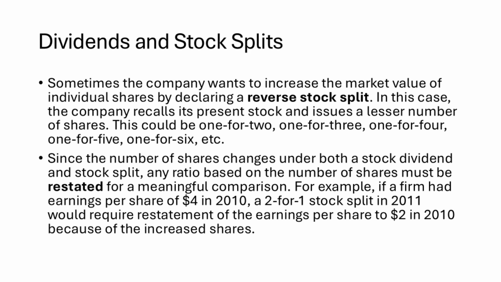For example, if the firm had earnings per share of $4 in 2010, a 2-for-1 stock split in 2011 would require restatement of the earnings per share to $2 in 2010 because of the increased shares. Restatement will be made for all prior financial statements presented within the current financial statement, including a 5 or 10 year summary.